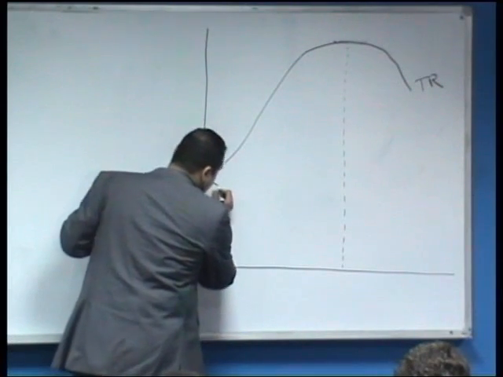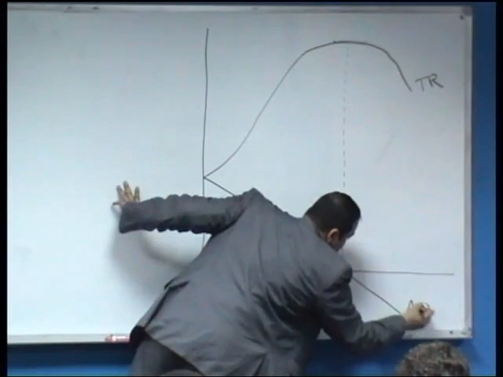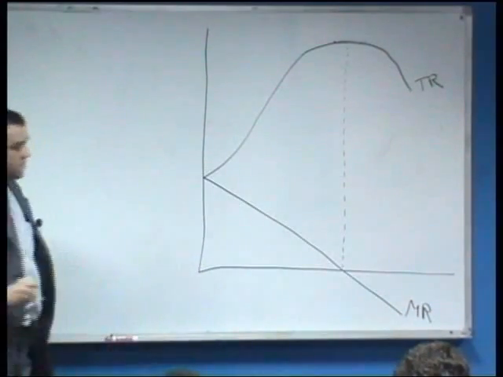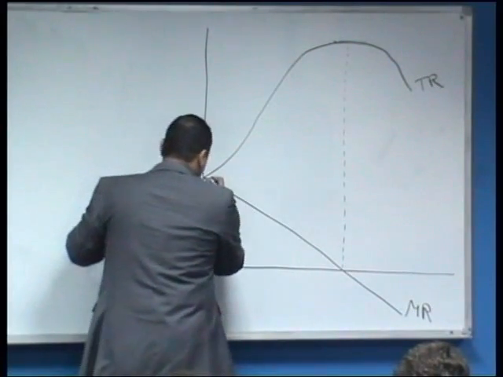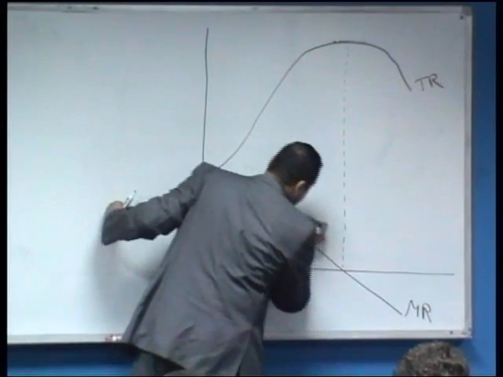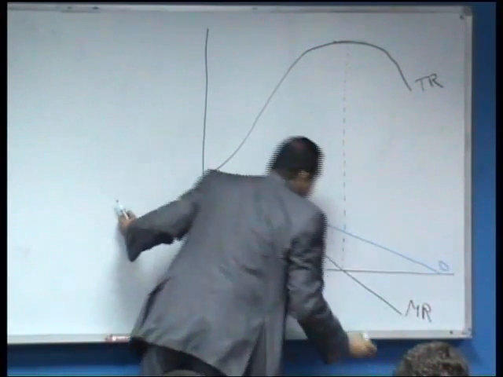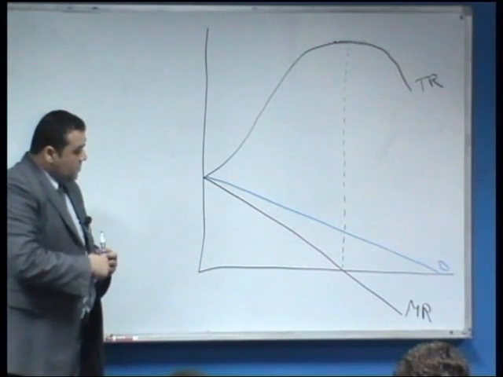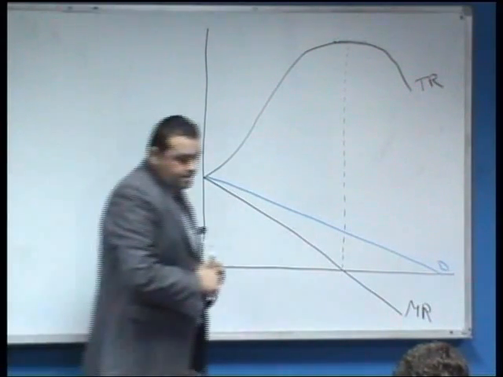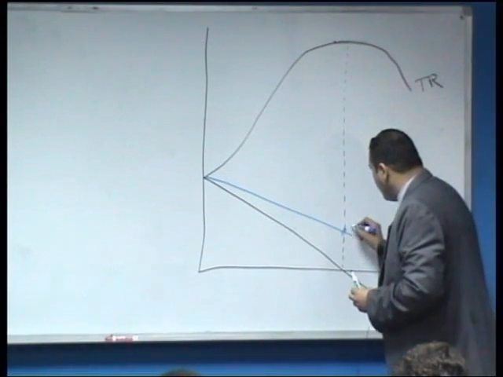Marginal revenue, MR. And this is the demand curve, D. As we explained, the demand curve at this point is unitary elastic.